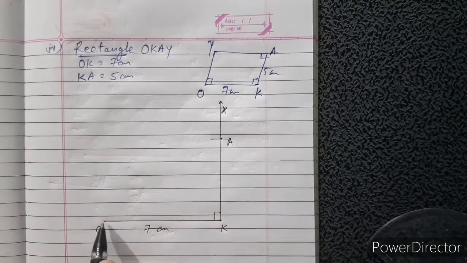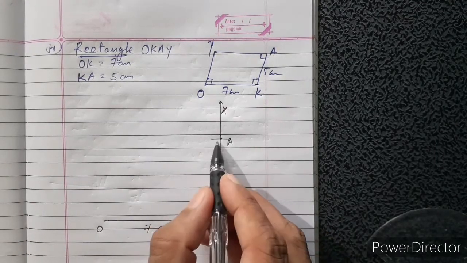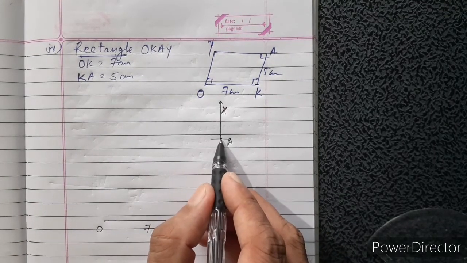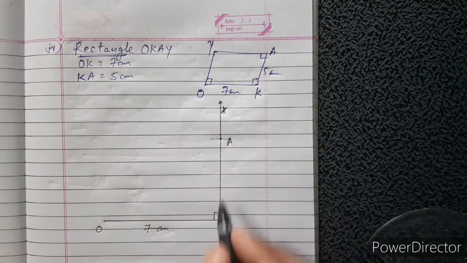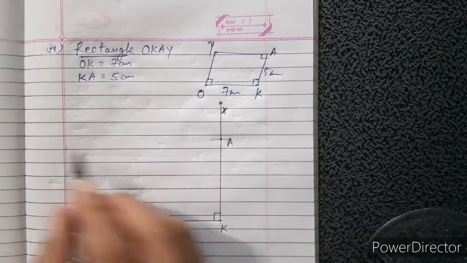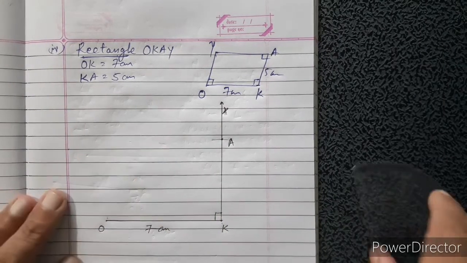Now from O we just draw 90-degree angle. Same here. Draw angle from A. We just draw 90-degree angle. Means KAZ and KOY, which are having 90-degree measurement.